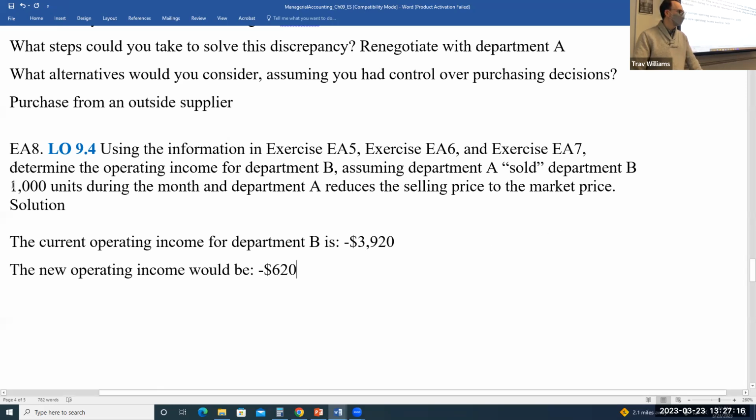They told us here how many units were produced, but we didn't really even need to know units. We could just take the total sales, multiply by 15%, because that's what we're buying from Department A. And we saw that 15% saved us $3,300. Any questions?